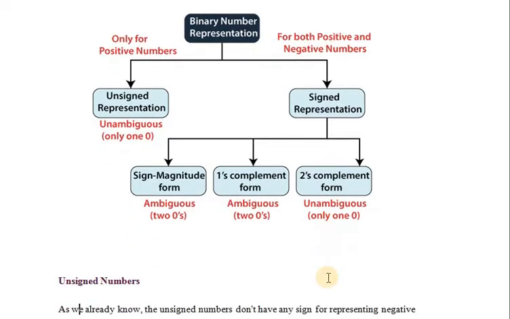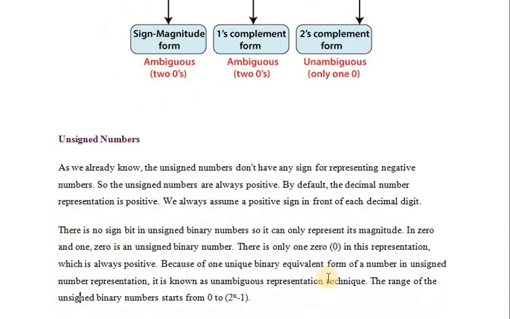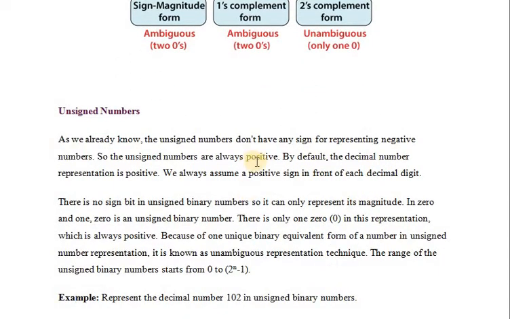We will see unsigned numbers. Already we know the unsigned numbers don't have any sign for representing negative numbers. So the unsigned numbers are always positive. By default, the decimal number representation is positive. We always assume a positive sign in front of each decimal digit.